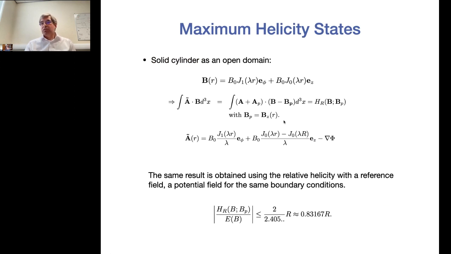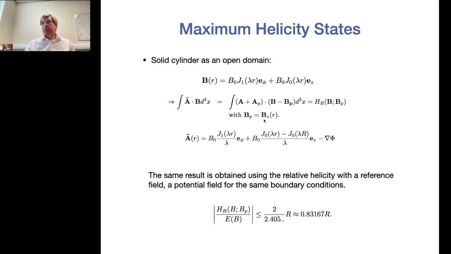If one wants to calculate the helicity of such a domain, you would use the relative helicity, that is, you would find a corresponding potential field, or in general reference field, which satisfies the same boundary conditions, and calculate the integral of (A plus A_P) dot (B minus B_P) as a relative helicity integral.